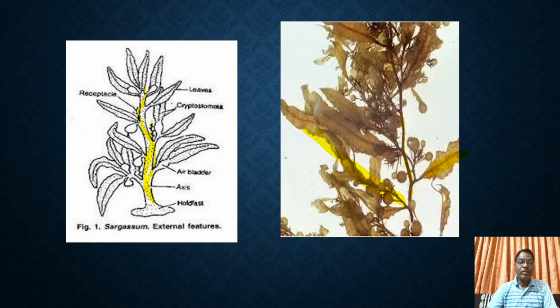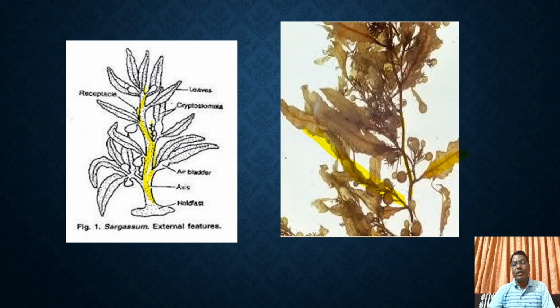Then the next type of outgrowth that is produced on the main axis is air bladders. These are outgrowths that are either present at the base of the leaf-like structure, or in the axil of the leaf-like structure, or directly on the main axis.